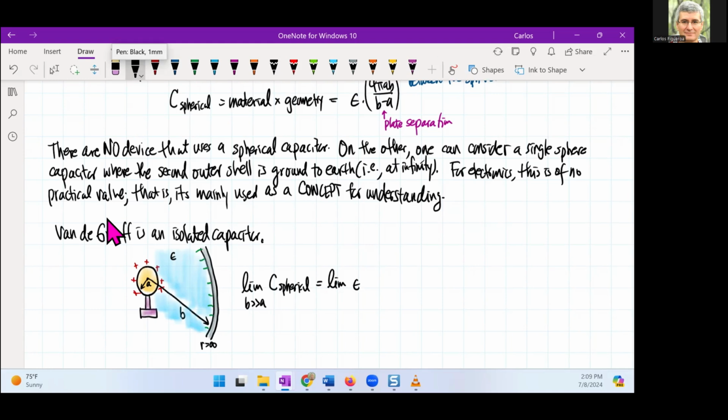It's epsilon times 4 pi A over 1 minus A over B, which in this limit where B is much, much bigger than A, gives 4 pi epsilon A. And this is what we call an isolated spherical capacitor.